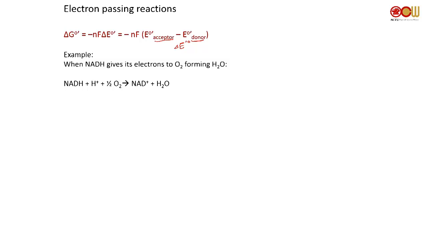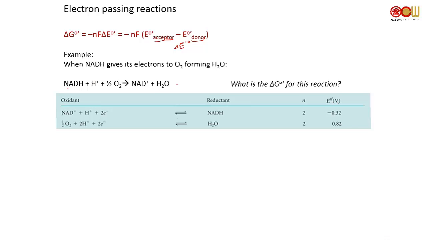When NADH gives its electrons to O2, forming H2O, water, this is the net reaction. What is the standard delta G of this reaction? You go to your standard reduction potential table and identify the standard reduction potentials of these two half reactions, and you put them down. You have 2 electrons passed, and F is a constant.